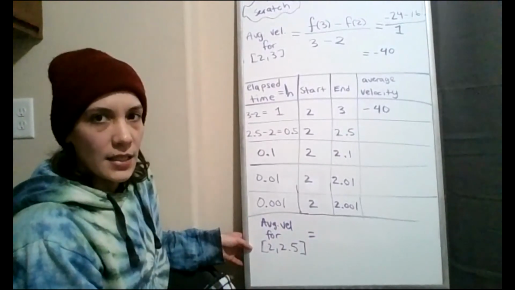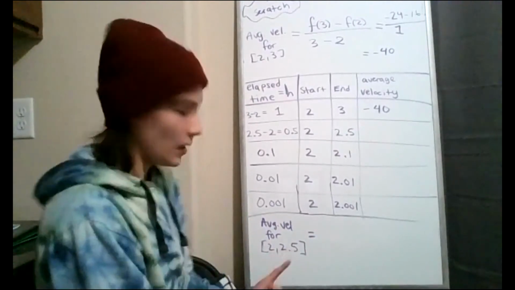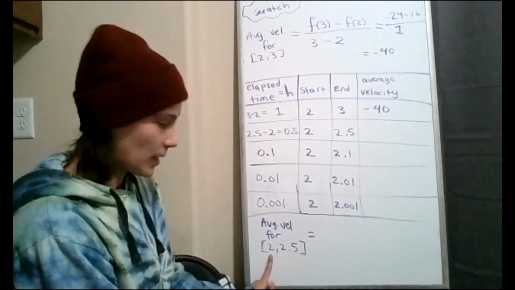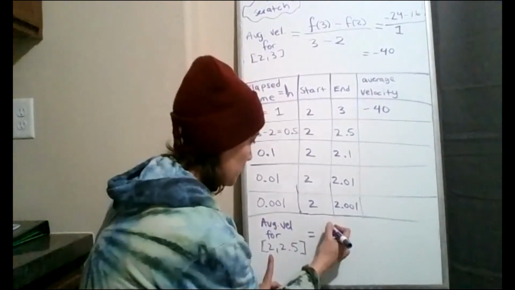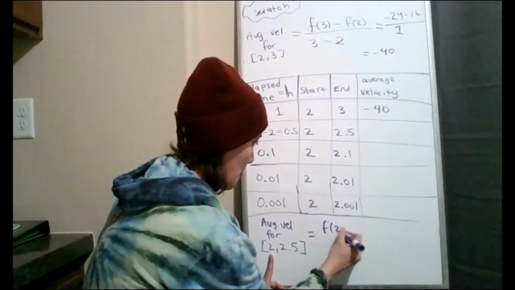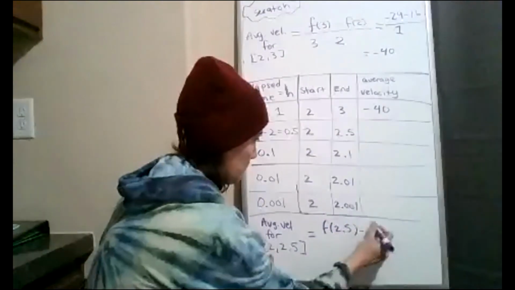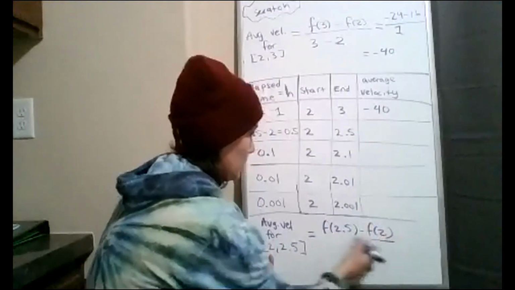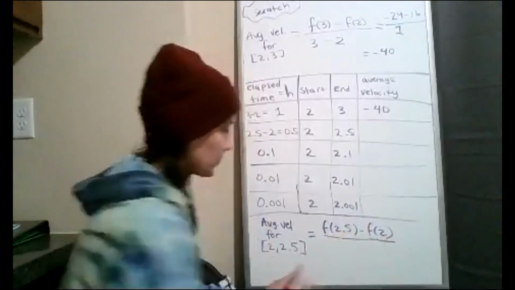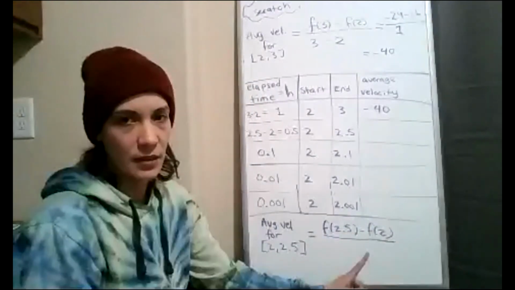So it's f of 2.5 minus f of 2, over 2.5 minus 2.